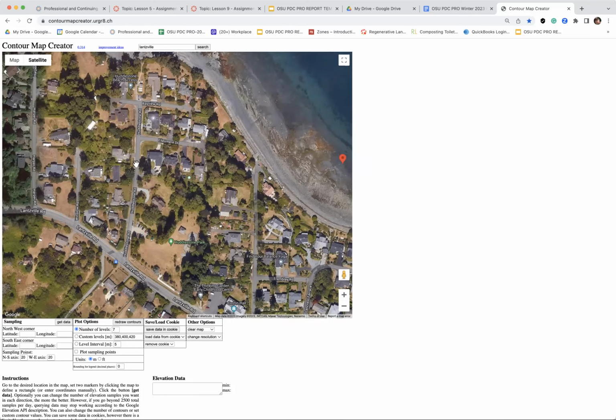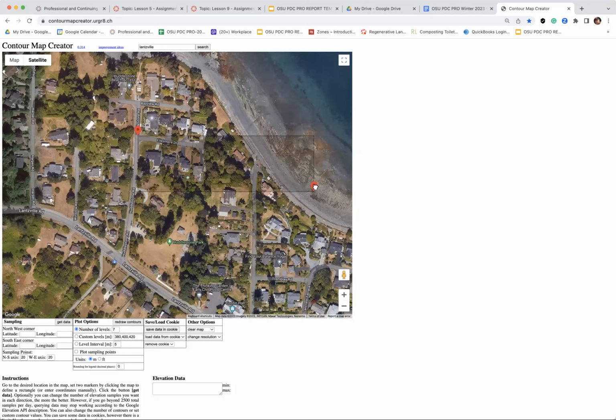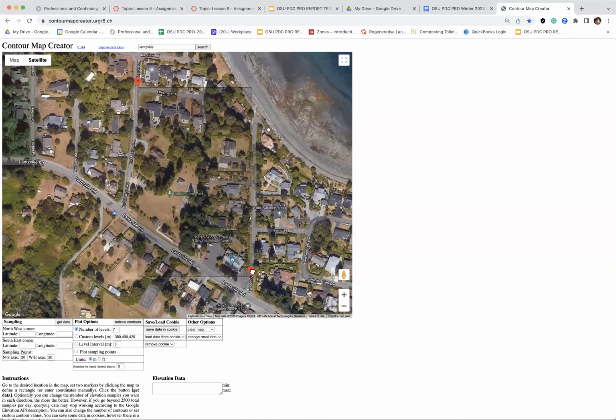So we know that these roads are really drainage points and they're not going to play into our micro watershed boundary, or they would be the boundary. So what we do is we just make 2 clicks on the map. And in this case, I guess I clicked before. So I'm going to want to try and grab this whole block because who knows, right? Maybe all of this drains onto this project site.